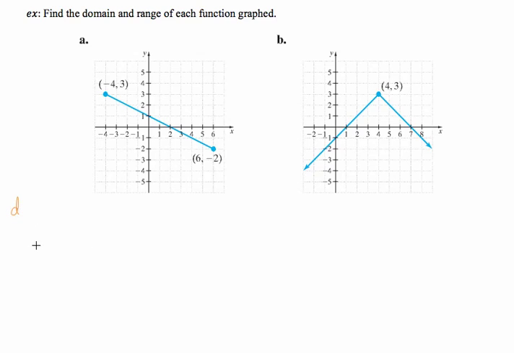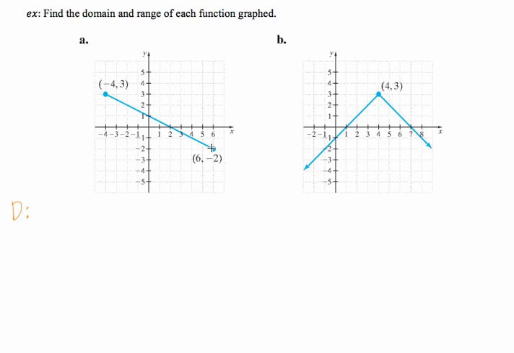Domain. So we're going to use capital D and abbreviate. Remember, domain is the set of input values. Now it looks like nothing less than -4 and nothing greater than 6 is in the domain. So the domain would be simply numbers from -4 to 6, and we have a closed circle on both ends.